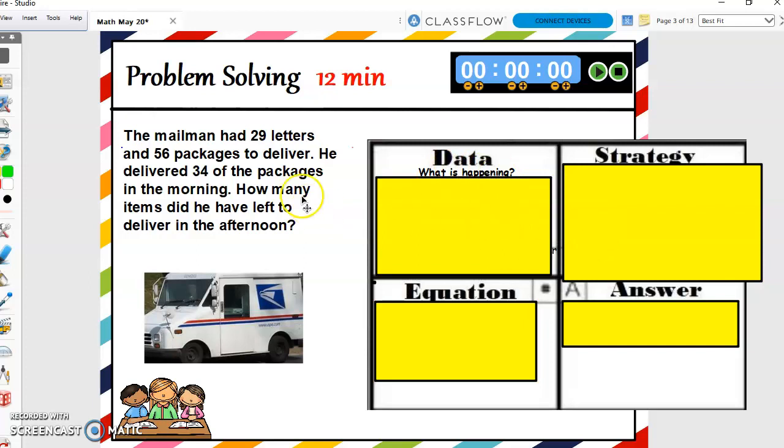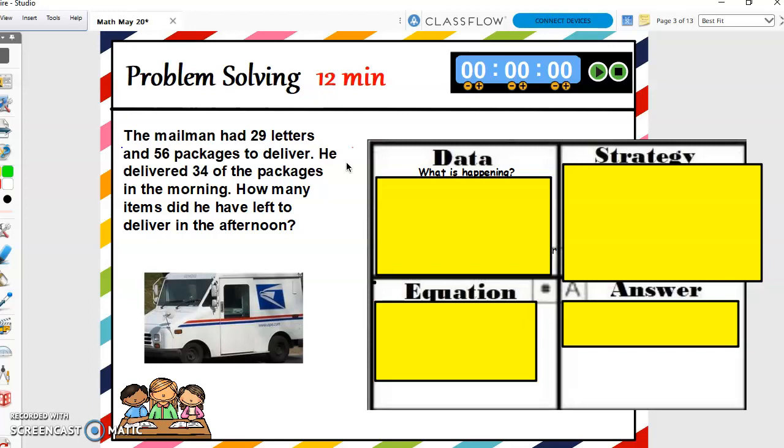So, as we were working on this the other day, I noticed that a lot of us had stuff in the data. Some of us, not very many, but some of us actually did go over into the strategy. Then I was visiting with people and talking about what actually did happen in this story.